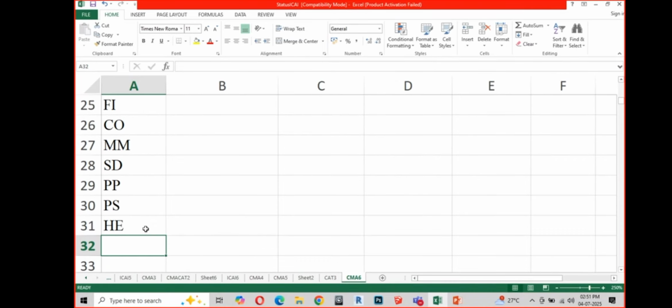Like this, you have n number of modules which are functional in the sense they are operational, in the sense you can feel them working. Alternatively, you can also name the MM department, materials management, as your purchase department, sales and distribution as your sales department, production planning as your production, human resources as your human resources only. There are many more; I'm just mentioning a very few of them.